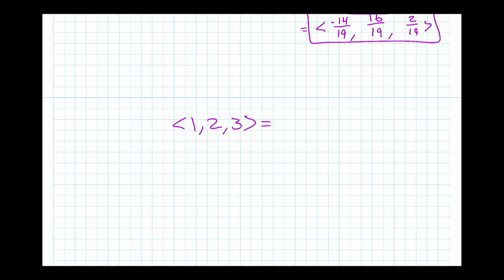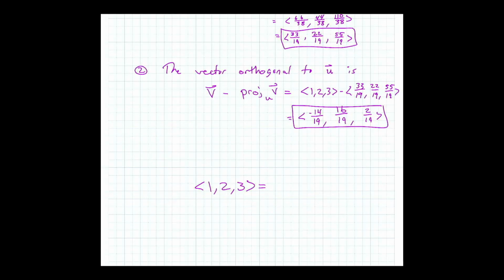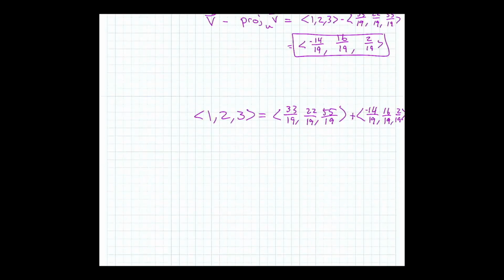And so it equals the two things that I boxed. So 33 over 19, 22 over 19, 55 over 19, plus negative 14 over 19, 16 over 19, 2 over 19, right? And the idea is that this is parallel to u, and this is orthogonal to u.